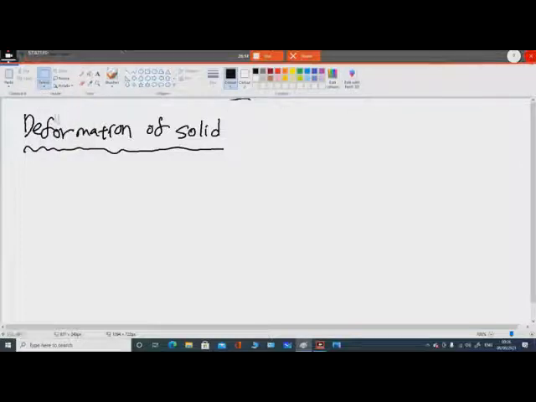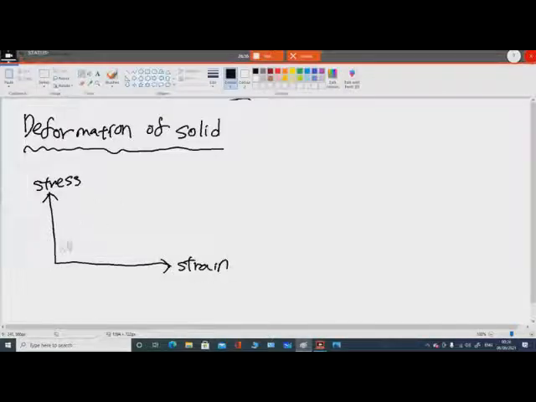Okay, so let me give an example for many types of material. This should be stress and strain. So this is the graph of stress and strain for steel.